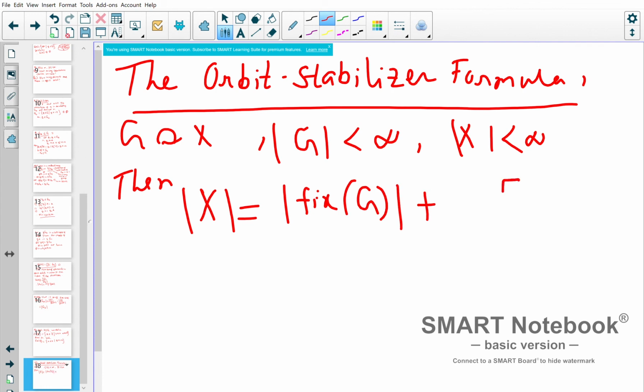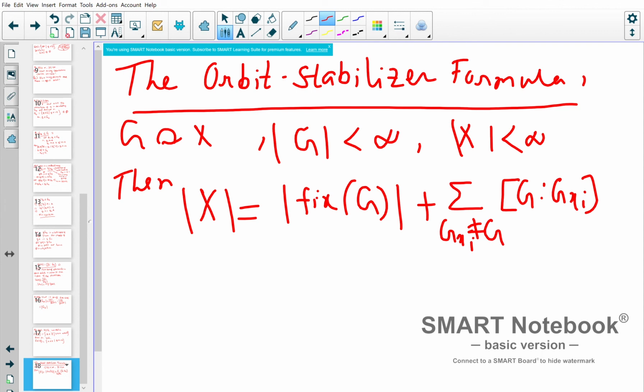This is the index of Gxi, where xi stands for the distinct orbit representatives, and these Gxi are not the full group, so they are proper subgroups of G. Before proving this, I will prove that there are some equivalent statements. I will give you a proof, but a few statements that are equivalent I need to tell you first, and then you will understand.